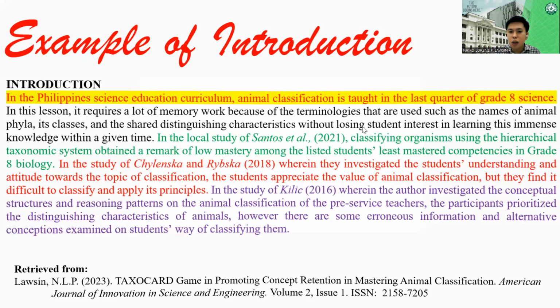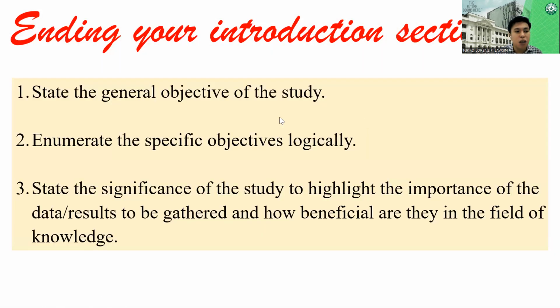Now, when you end your paragraphs, you may start with number one, state the general objective of the study, enumerate the specific objectives logically. So, for example, you are following a particular model, like ABI model, the way you state your objectives must be logical in terms of order.